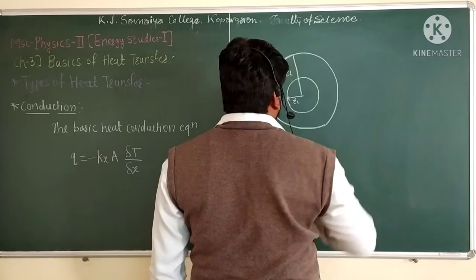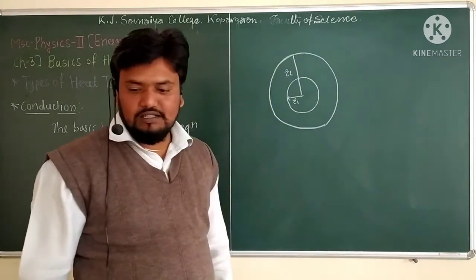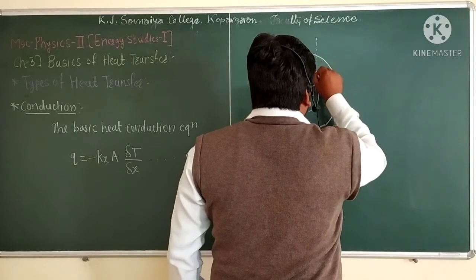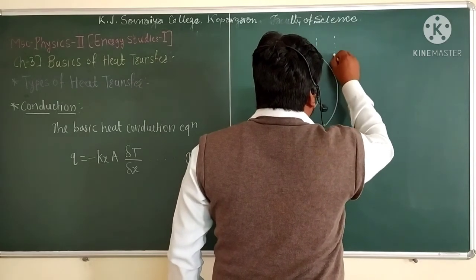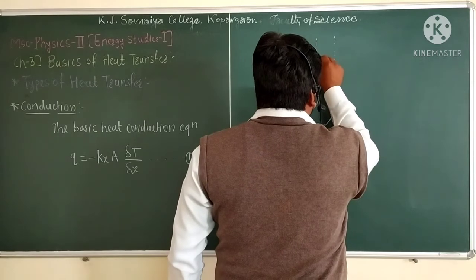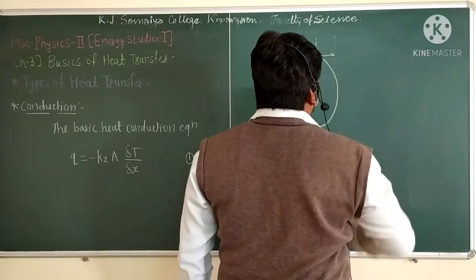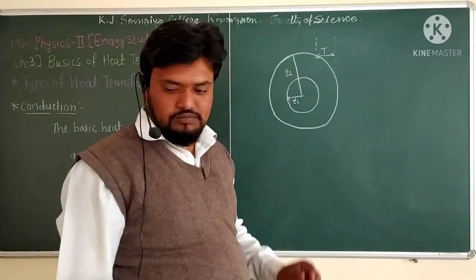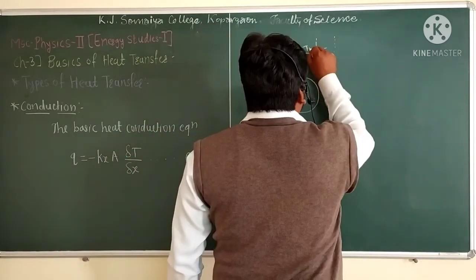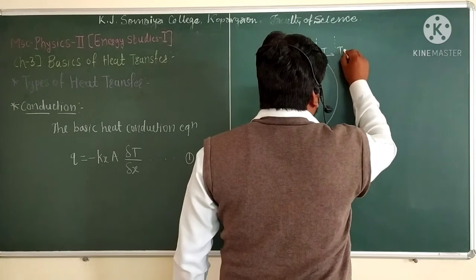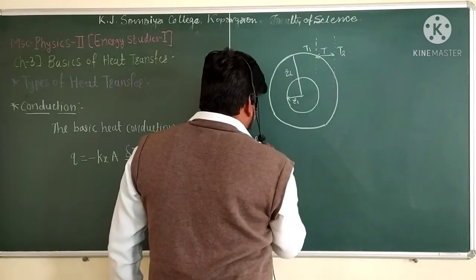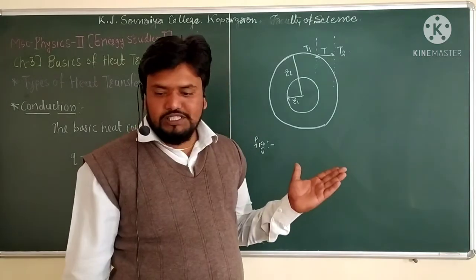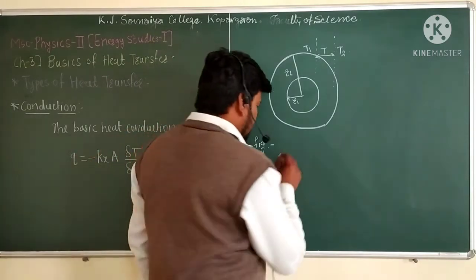In the cylindrical collector, the temperature difference is given by T1 minus T2, with capital T1 and capital T2 as the temperature range. This figure represents the ideal condition of steady state temperature.